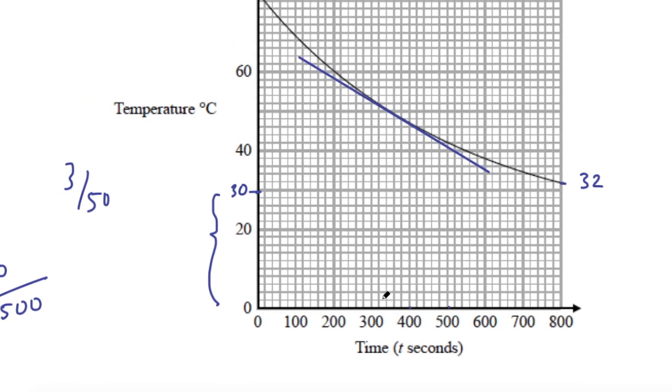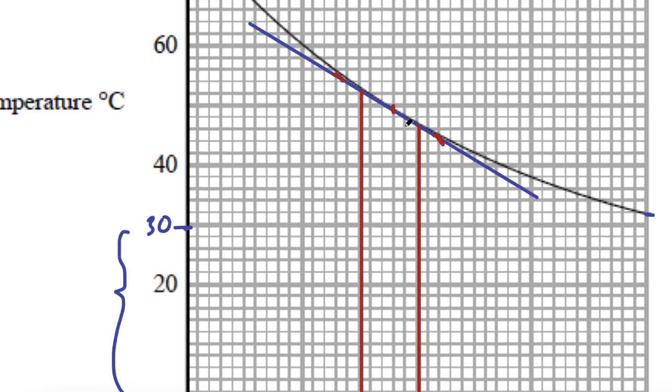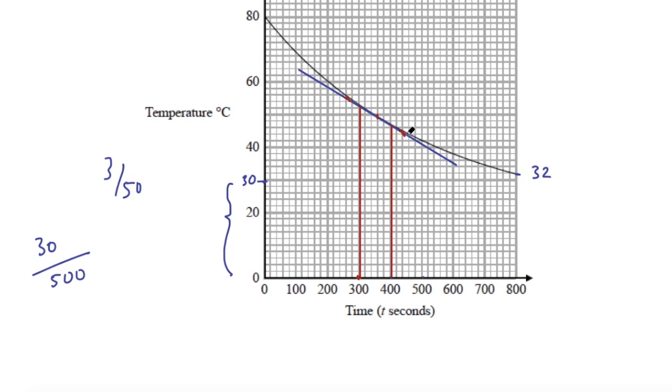If this is 300 down here, let's go up to the graph. It could be around 300. If this is 400, it's clearly in there somewhere, because here there's a bit of a gap and here there's a bit of a gap, so it's somewhere in there. If we really have a close look, the midpoint of that is where it's closest to the slope of the graph. So my answer there is going to be 350.